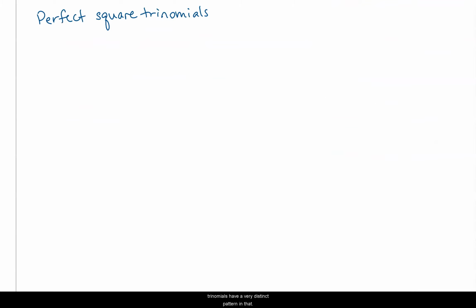Perfect square trinomials have a very distinct pattern in that the first term and the last term should be squared. No, I don't like using these letters, but these are the letters that match the textbook, so I will keep them here for now. Just know that this A and B are not the same A and B that we were using for the trinomial factoring.